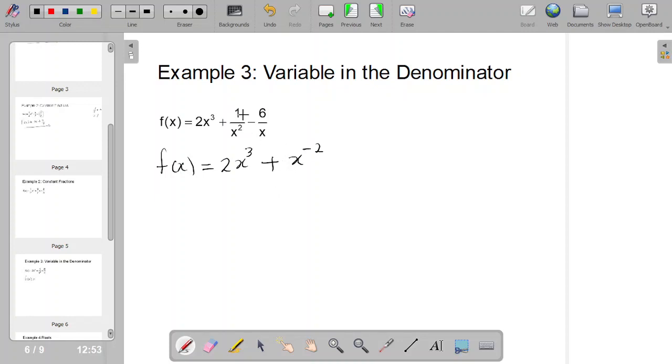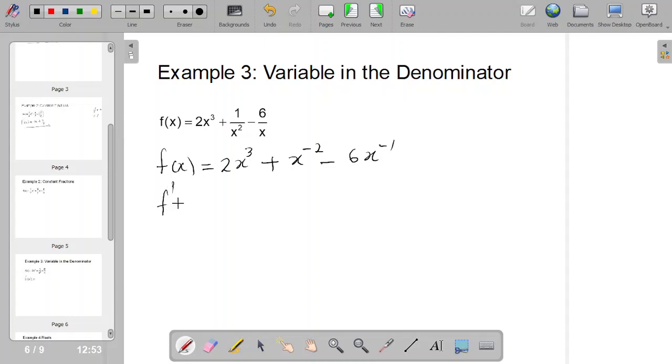The 1 that you had here is still here, but because it's in front of x, it's invisible. And then you minus 6x to the power minus 1, because at the bottom you had positive power 1, so now you'll have minus 1. And now you have 3 terms, and you can find your derivative.